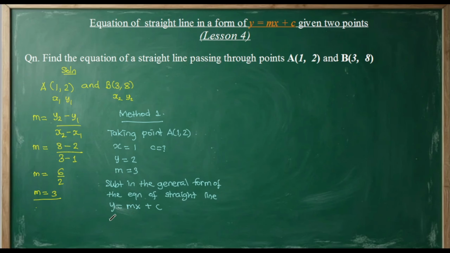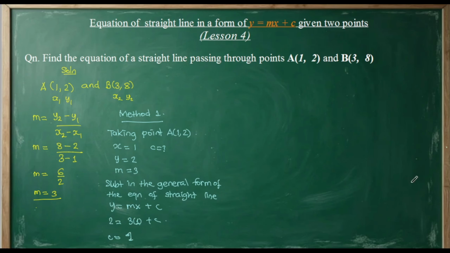We substitute the value for y, that is 2, and then m is 3, multiplying 1, then plus our constant c. So you notice that multiplying 3 by 1 is 3. When we collect like terms, we have 2 minus 3, that is negative 1.